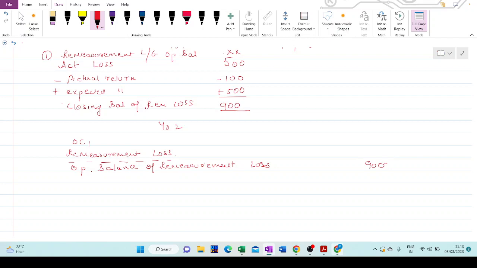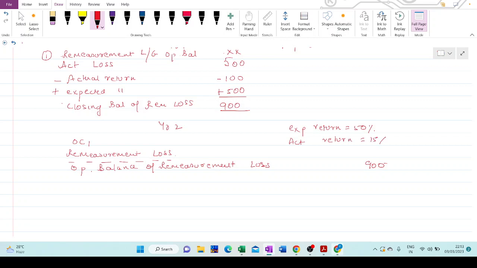Now, guys, next year also we choose an expected return assumption which is unrealistically high, say 50% per annum, right? So my expected return is 50% per annum. My actual return, say now, is 15.